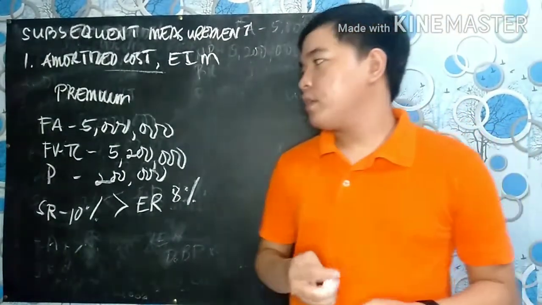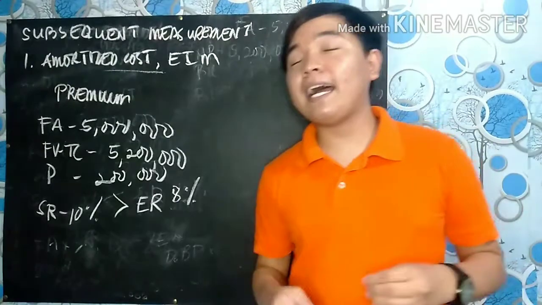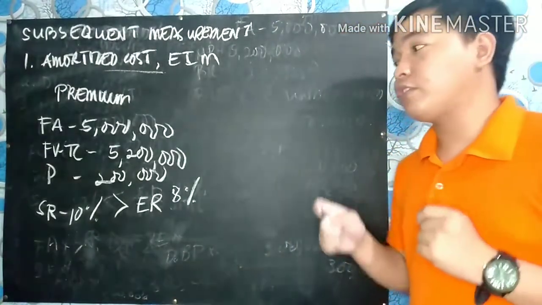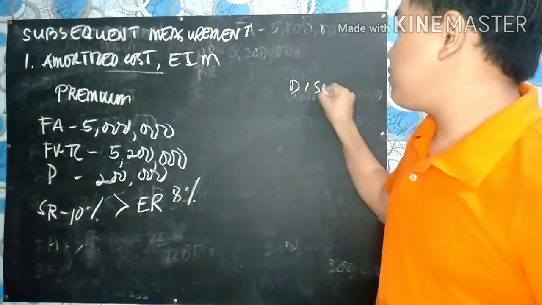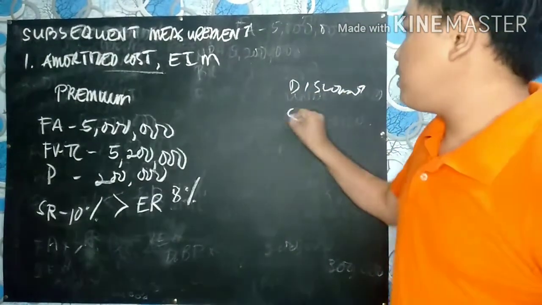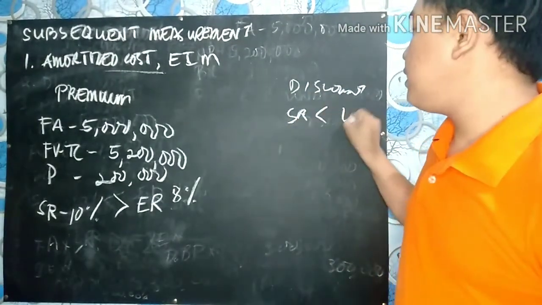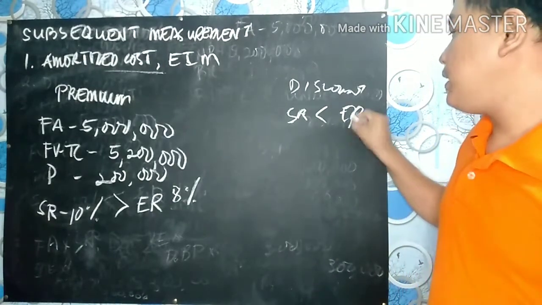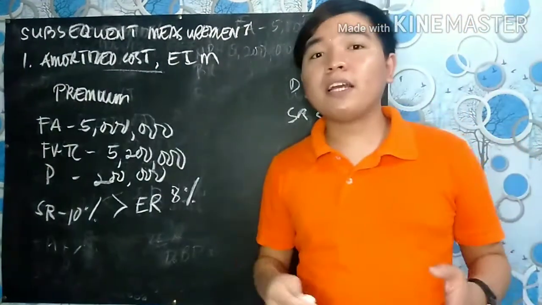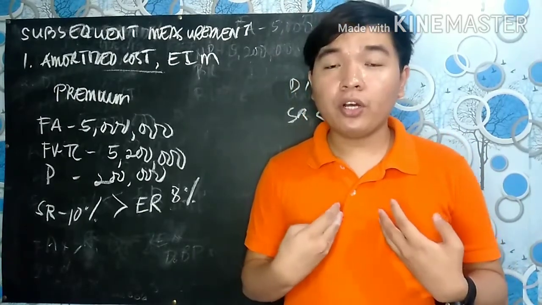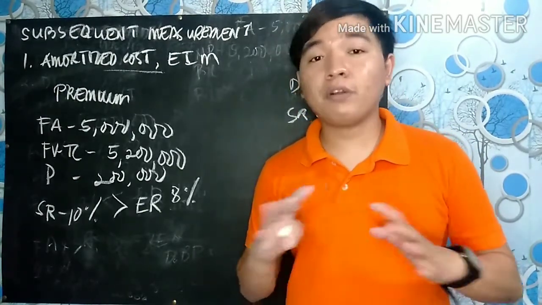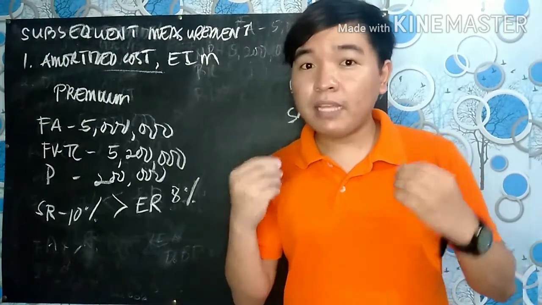Yun po. So, ano po pala yung idea kanina? Doon muna tayo sa discount. Ano yung idea? Bakit sa discount, stated rate is lower than the effective rate? Pag discount kasi, di ba, on the part of the issuing entity, lost mo yon. Okay? However, this is not recorded to the net income.